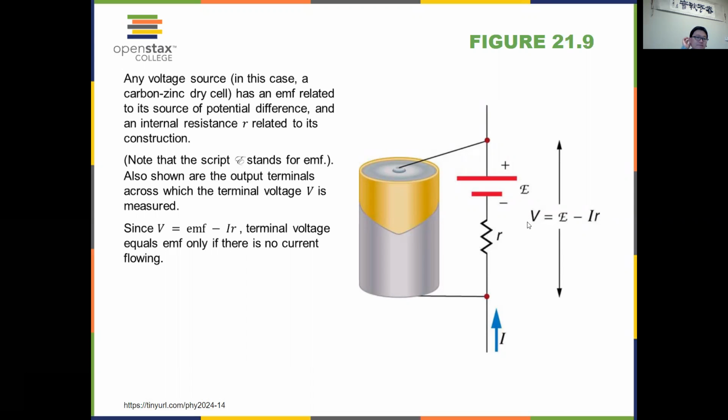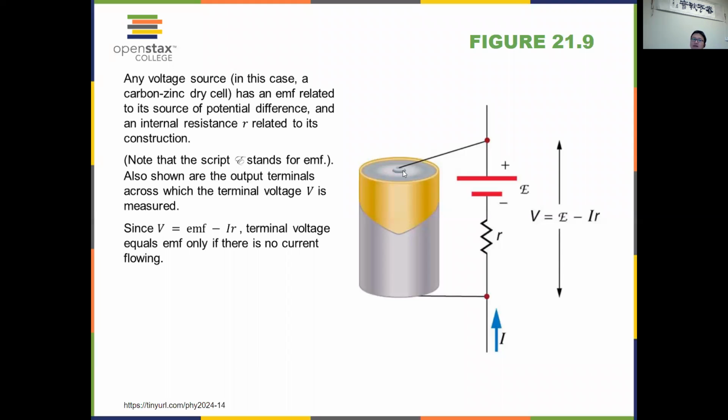So the voltage that the battery supplies is divided into two parts. One part is applied to the internal resistance of the battery, and the rest to the circuit elements outside. So the voltage supplied to the circuit is going to be smaller than the EMF.